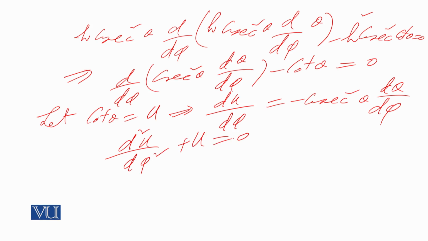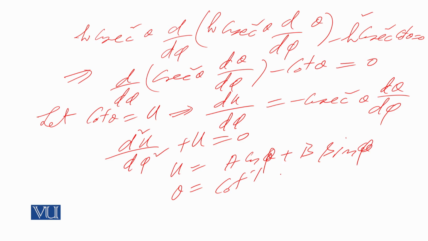This is a very well known differential equation, and its solution can be written like this: u equals a cos phi plus b sin phi. So when you insert this value, we can calculate theta is equal to cot inverse of (a cos phi plus b sin phi).